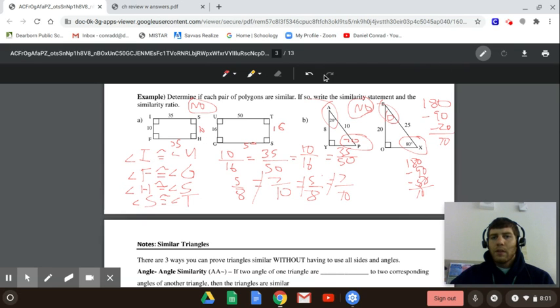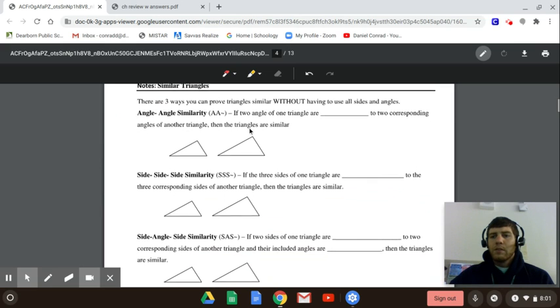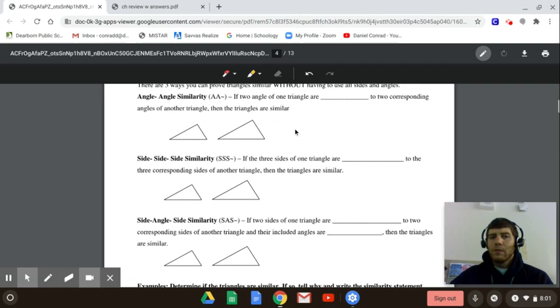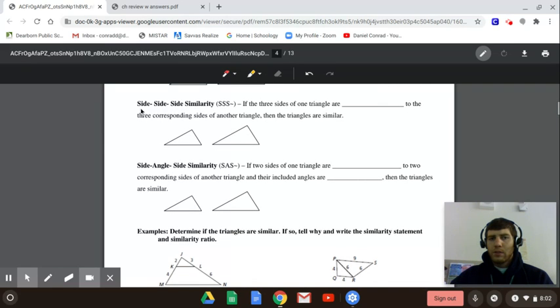And then for this section, we started talking about ways to prove that triangles are similar. And we talked about three different ways. We had angle-angle similarity, where we had to show that two pair of angles were congruent. We had side-side-side similarity, which showed that three sides were proportional. The ratios of three corresponding sides were equal.